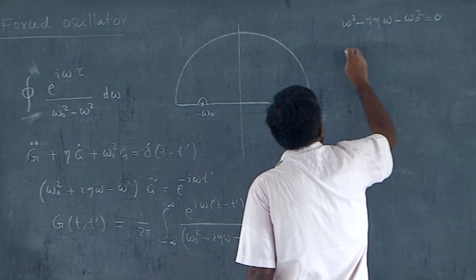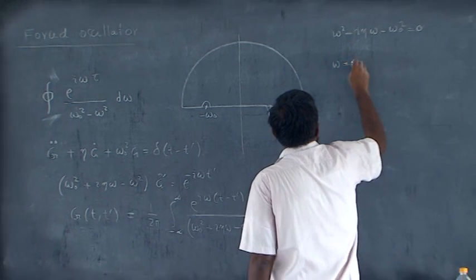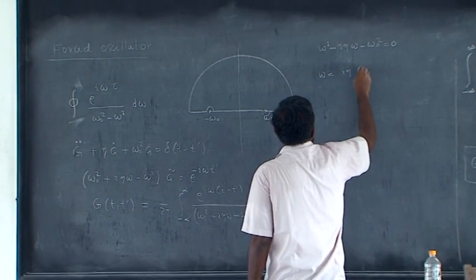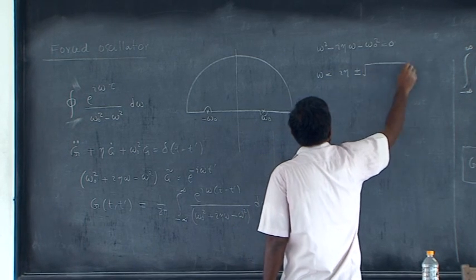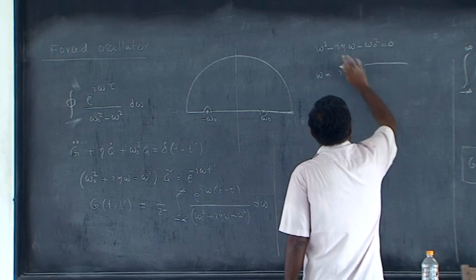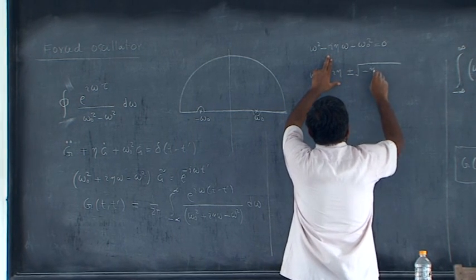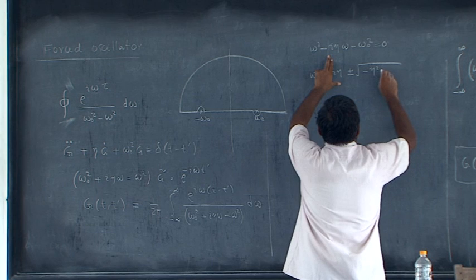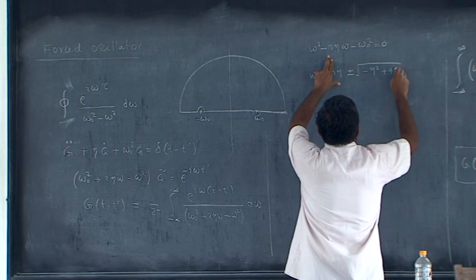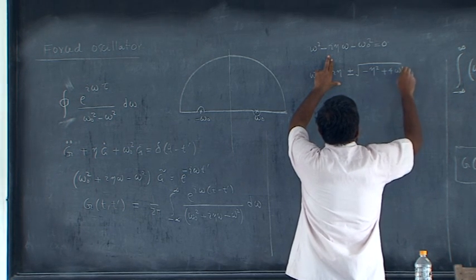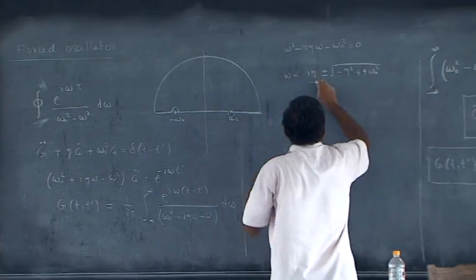Then you can write this as omega is equal to I eta plus minus square root of I square eta square minus I square eta square, so minus eta square plus 4 omega naught square, by 2.